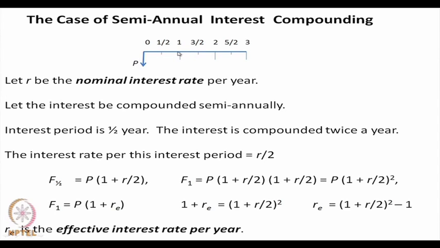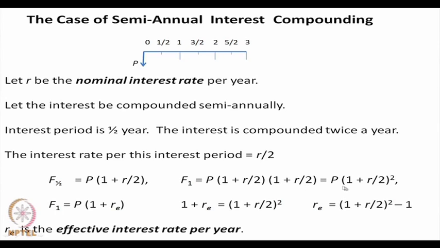And then for the full year, this amount F half, which is P into 1 plus R by 2, will be compounded again, multiplied by 1 plus R by 2.